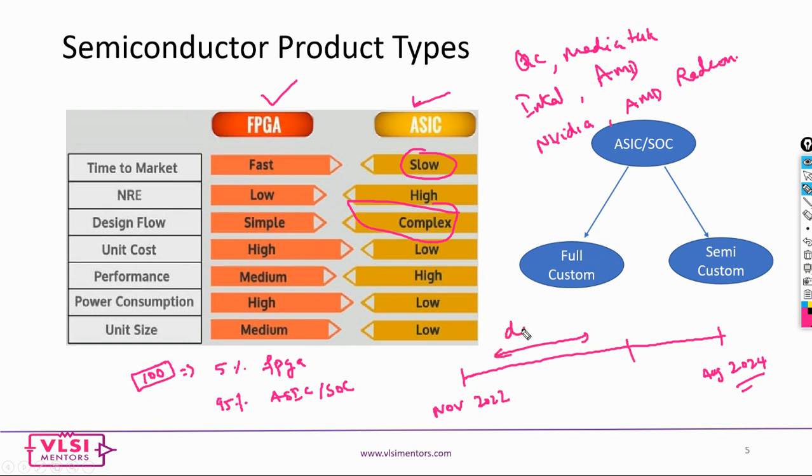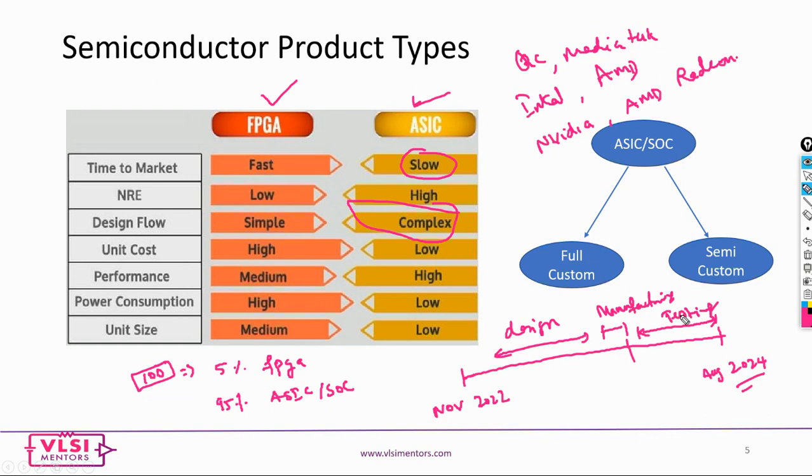That is the design cycle, and then you will have to give it for manufacturing. And then there is something called testing, to check whether the chip is working as per the spec or not.